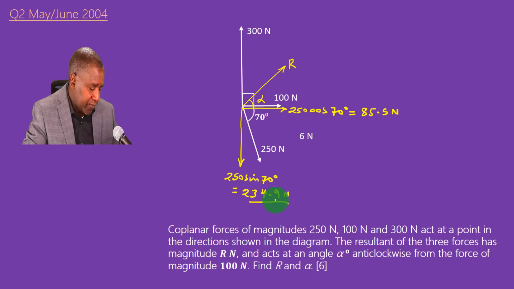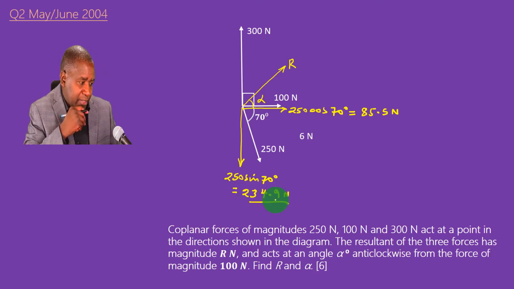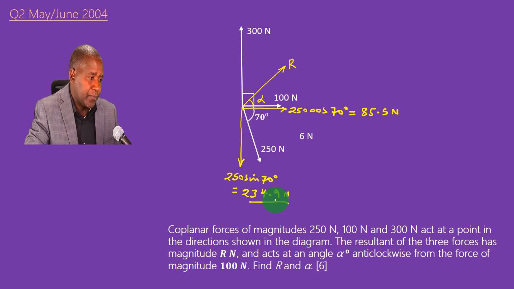Newtons. Yeah, 250 times sine of 70. So what is it that we now have? Forget about this force. Now we have this force, this one, and this one.